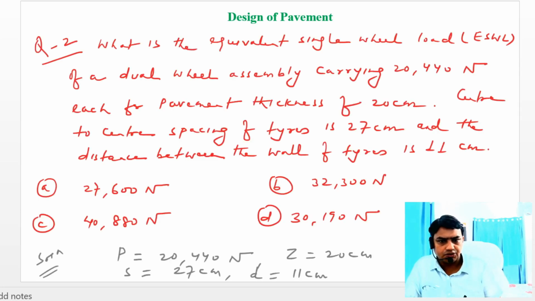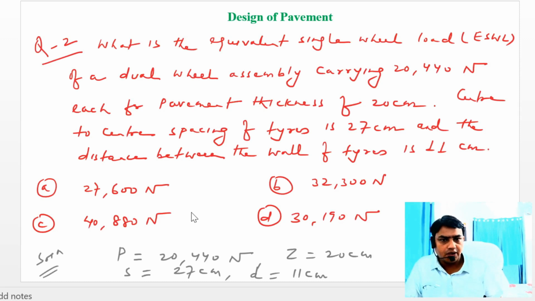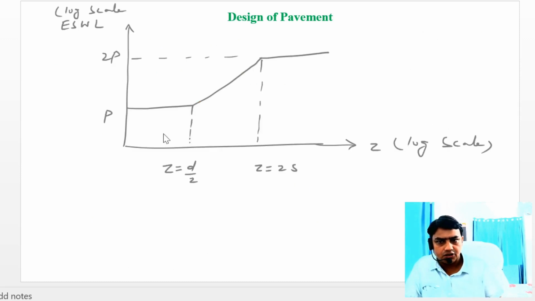What is D? D is 11 centimeter, so D by 2 means 5.5 centimeter. And this is Z equal to 2S. Here it is P, and here it is 2P. So we have to find the equivalent single wheel load at the thickness of 20 centimeter.